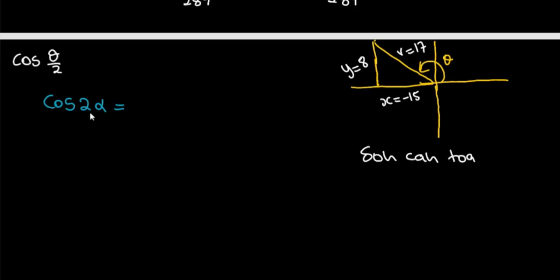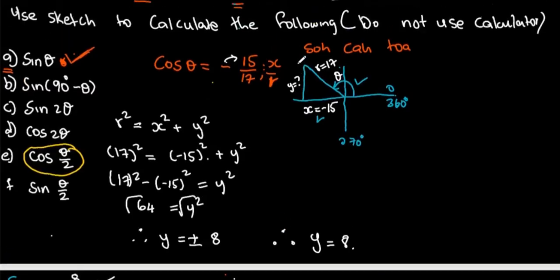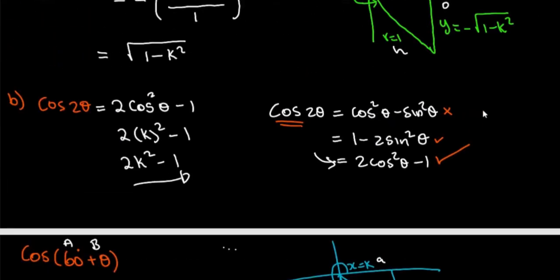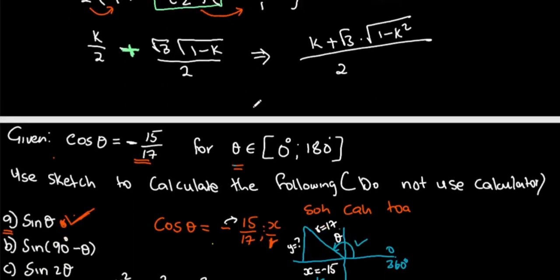I think it will be easy if I choose, remember we have 3 identities that we can choose from. From these 3 identities, I need to choose the one that I can use, and I prefer to use this one. Because remember, the cos of theta was already given. When I consider which one to use, I'm going to choose the one where the trig ratio was given in the question.